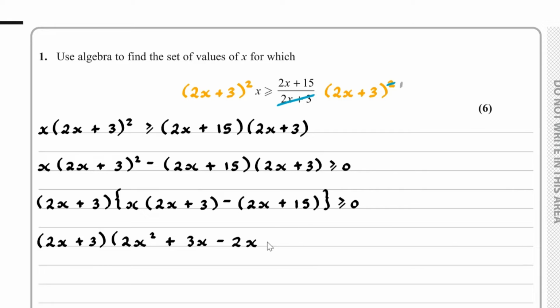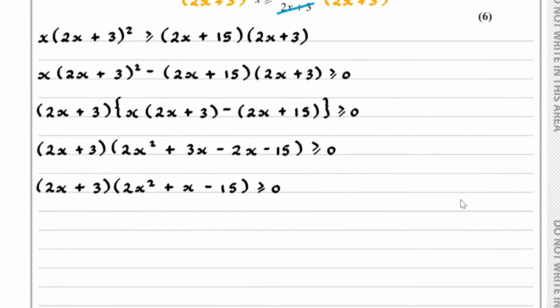Negative 1 multiplied by 15 is negative 15. And this is greater or equal than 0. So, collecting like terms, we have 2x plus 3 being multiplied by 2x squared plus x, subtract 15 being greater or equal than 0.